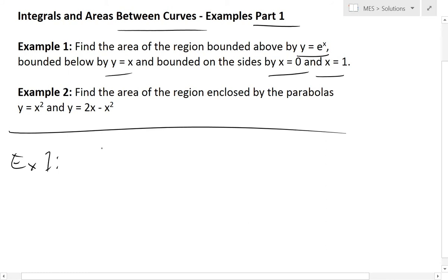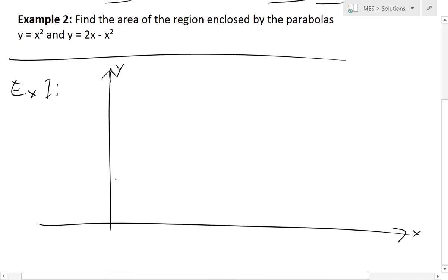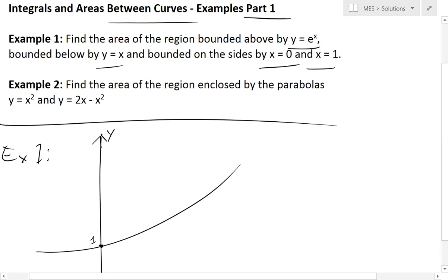If we were to graph this out, it's bounded above by y equals e to the x. So we know how that looks. It looks something like this, where this here is always going to be 1. This is the y equals e to the x curve. Now it's also bounded below by y equals x.